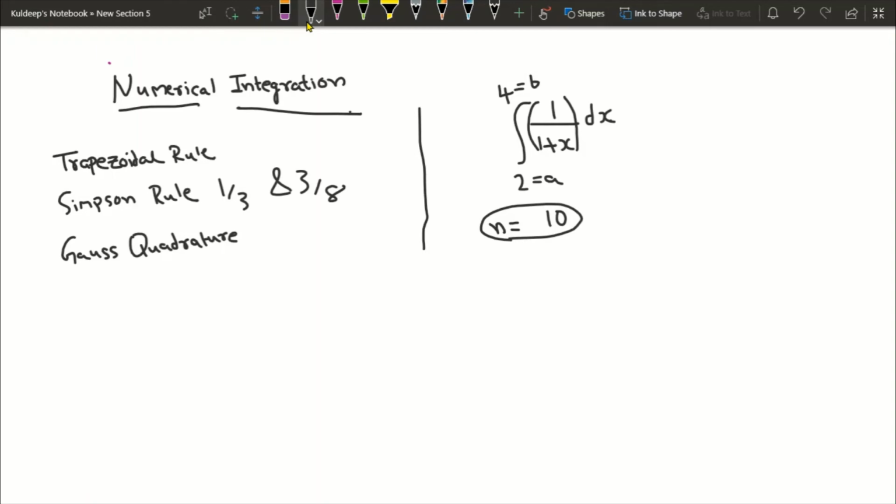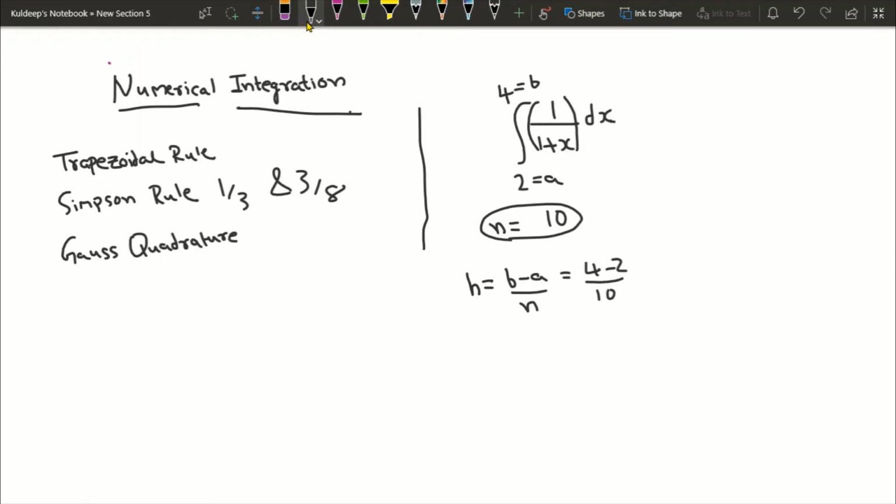If I have these four things, then I can implement any of these methods. First of all, I have to find the increment, which is measured by b minus a by n. So it will be 4 minus 2 by 10. The first thing to be calculated is h.